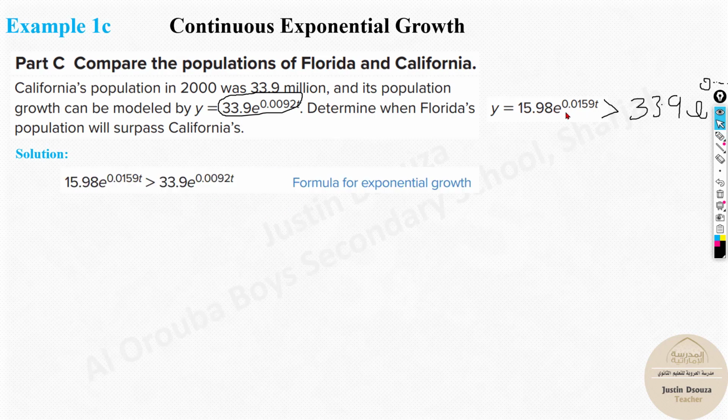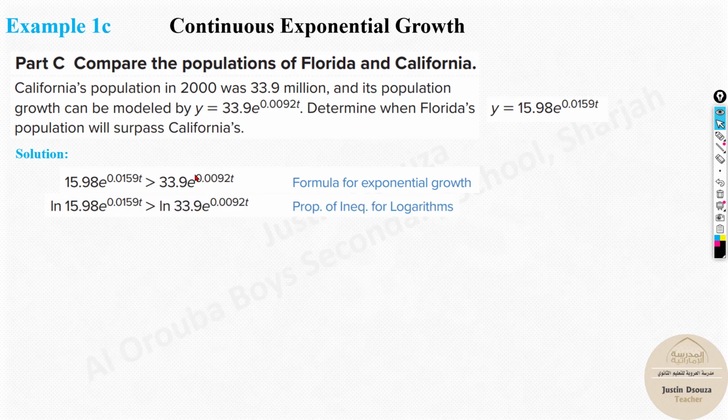See, 15.98 exponential e to the 0.0159t greater than 33.9 e to the 0.0092t. This is it. Now there is an inequality. Don't directly solve in the calculator, simplify how much you can. Now since there are exponents on both the sides, you can directly take natural logarithm on both the sides, or you can take 33.9 to the other side, simplify one side, but just take natural logarithm on both the sides.